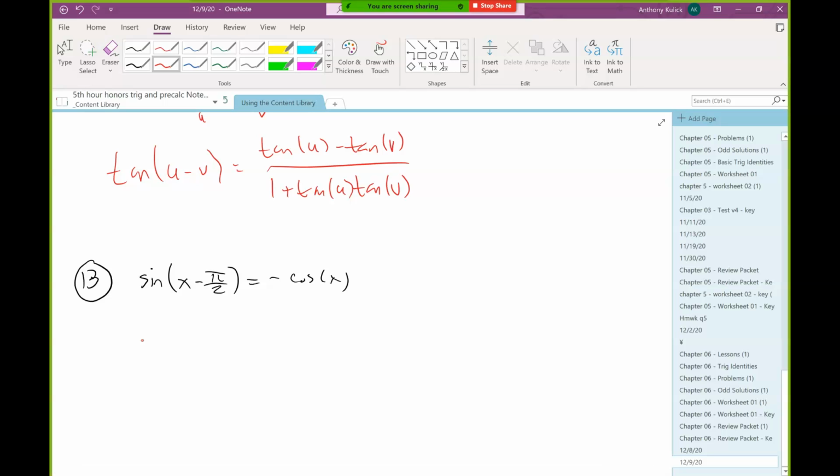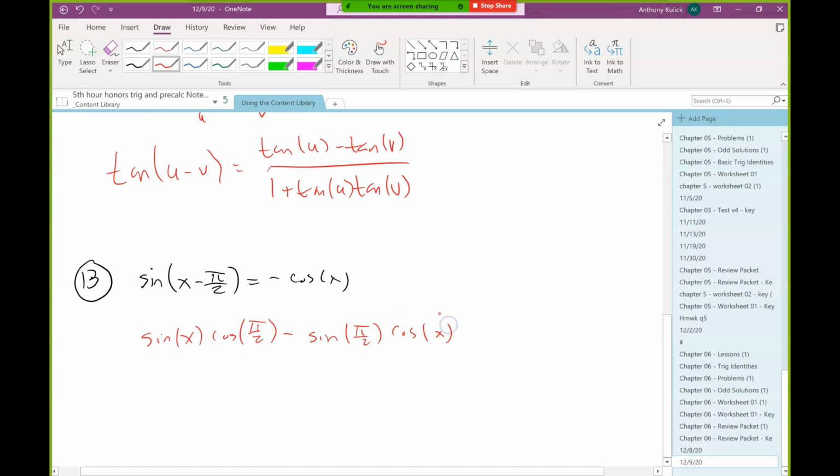So let me double check to make sure I don't screw up the formula there. That's going to be sine of u times cosine of v, and then minus sine of v times cosine of u.